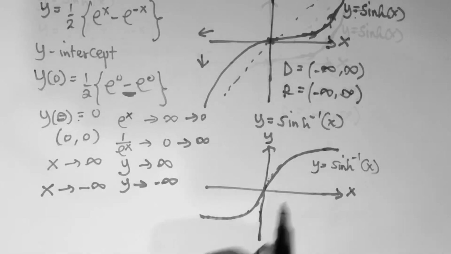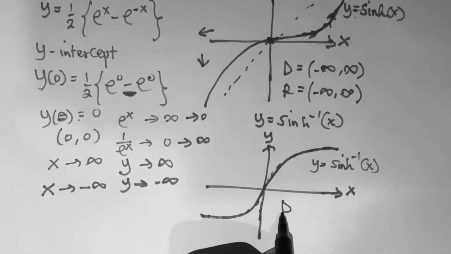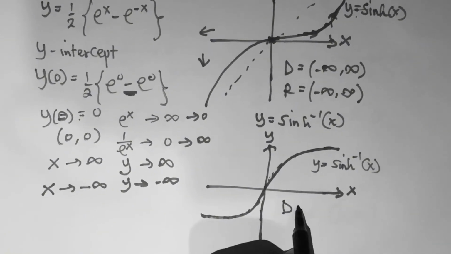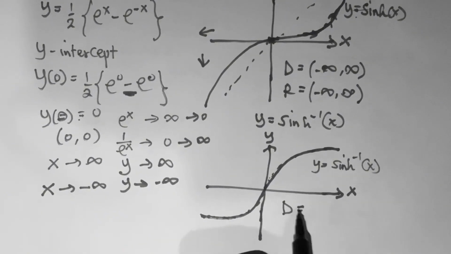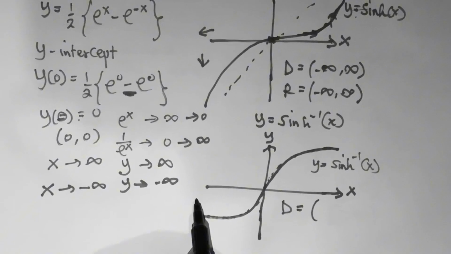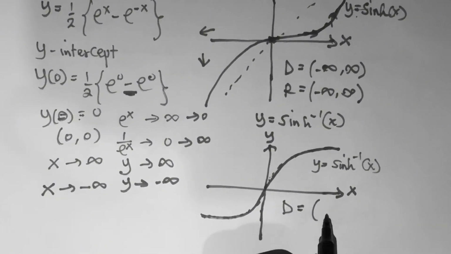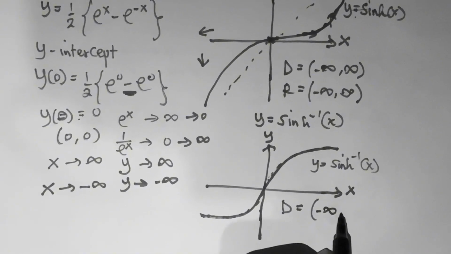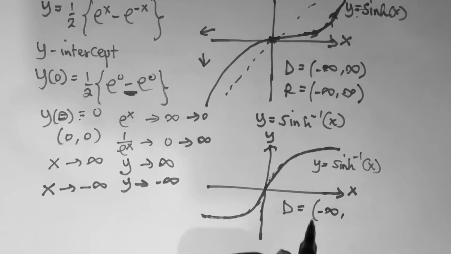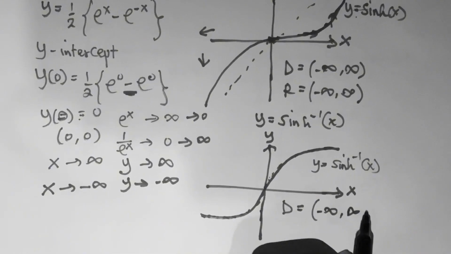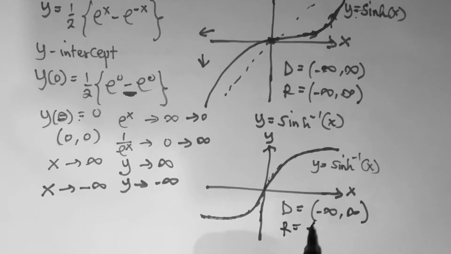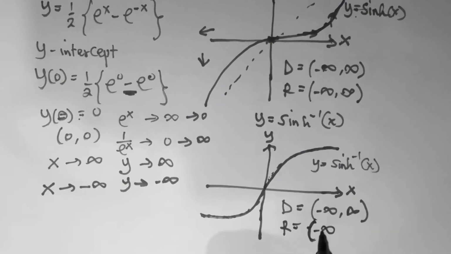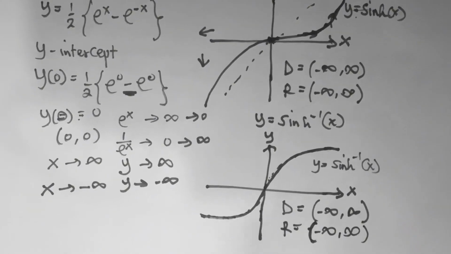Now let's determine the domain. The domain is all the x values, so it's minus infinity and then infinity, and then the range, all the y values are also defined for this, so it's also minus infinity and then infinity.